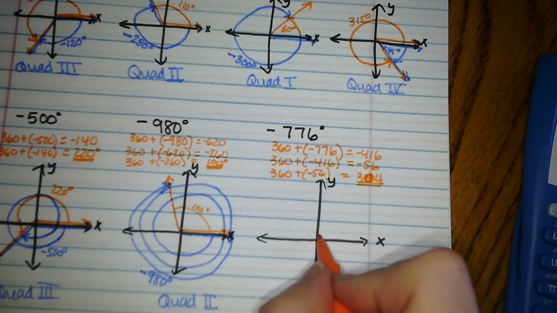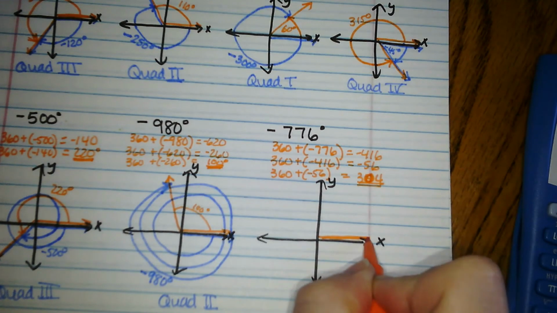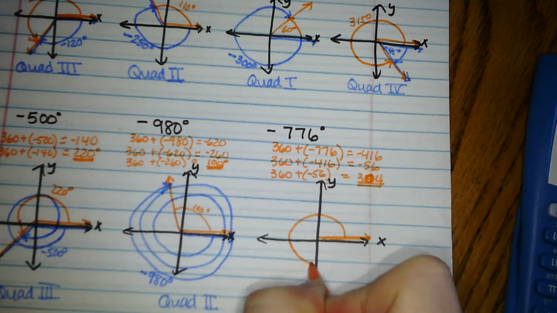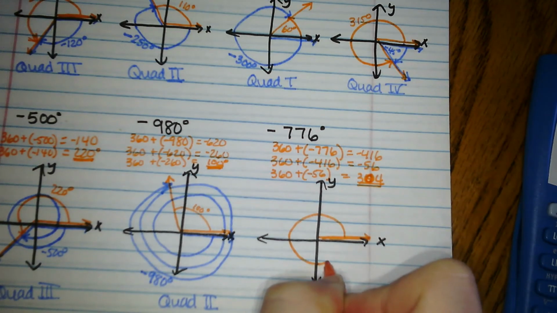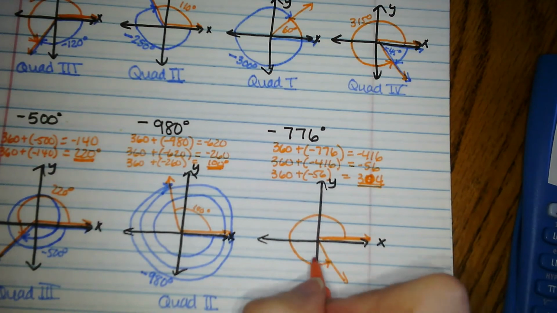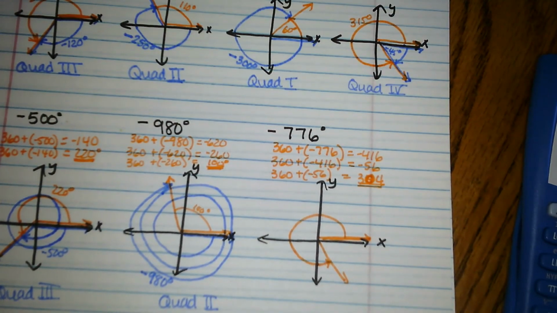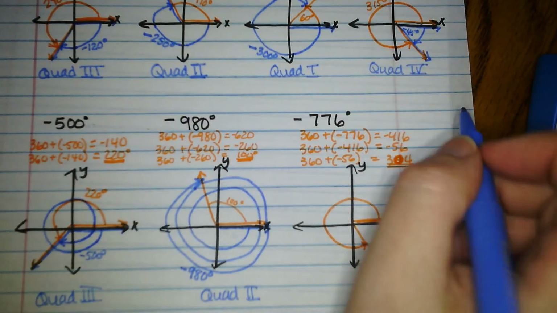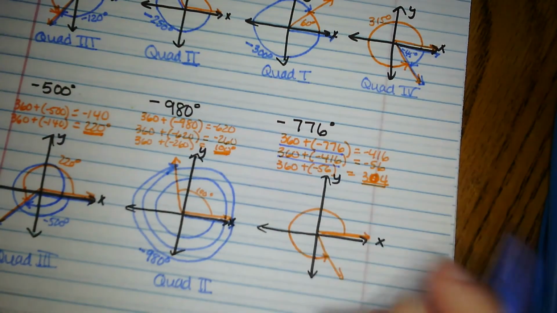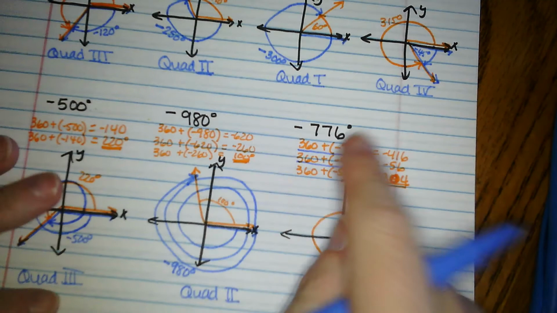So moving positive, this is going to stop at 304. So here's 270, 180, 90, maybe like right here. That's positive 304. This is going 2 full rotations around because I had 2 360s right there.